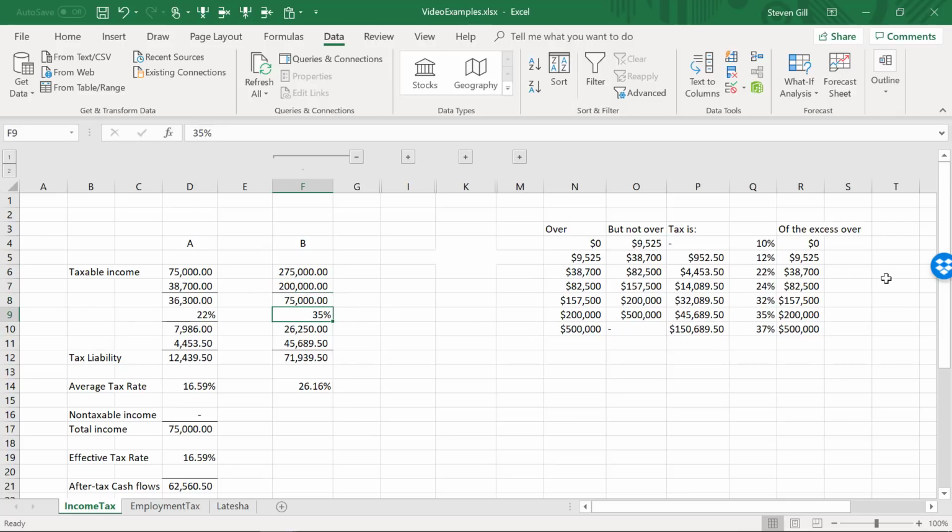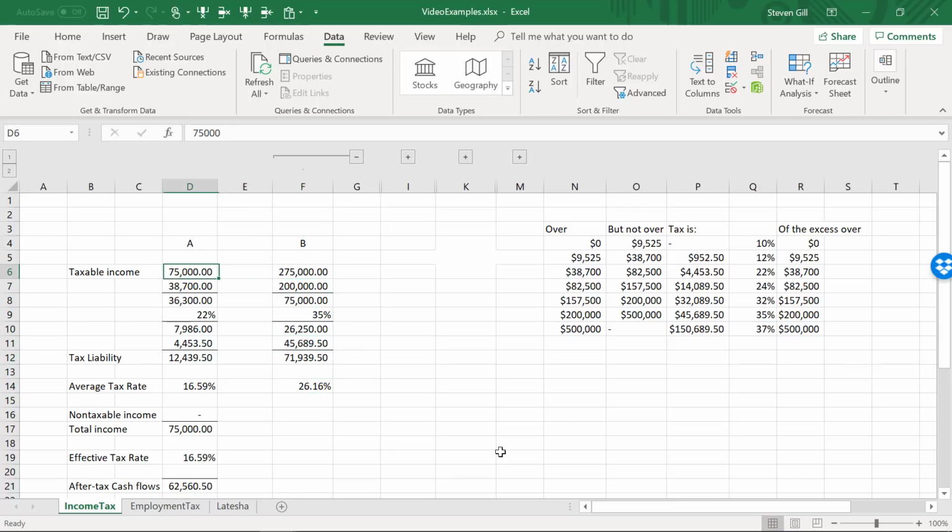That's 75 times 35%. 26,250 plus 45,689.50 or 71,939. In this situation, SpongeBob's average tax rate would be 26.16%.